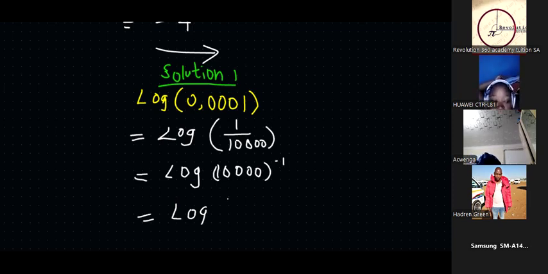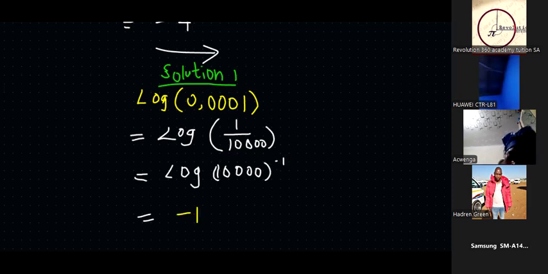Or before you even change it, do it like this. Take this -1 on the exponent, bring it forth in front. So you're going to have -1, and then the log of 10,000.